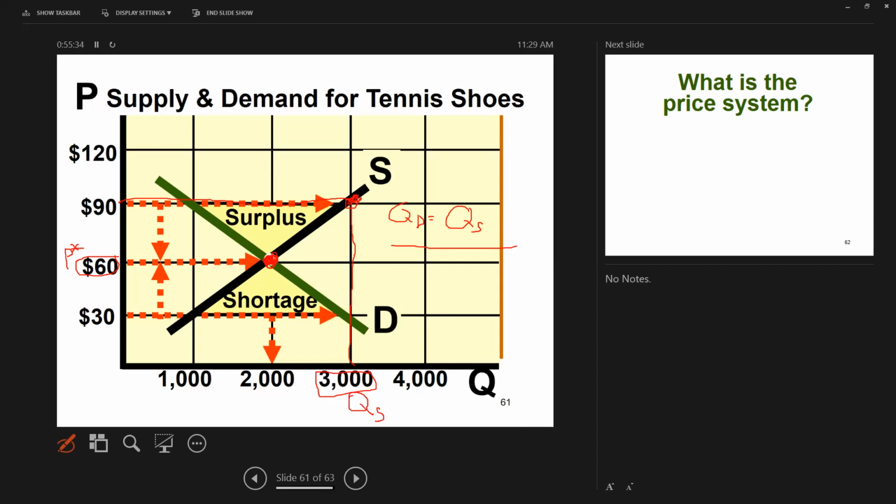But when we trace $90 over to the demand curve here, the green one, we see consumers are only willing and able to purchase 1,000 pairs. No longer is quantity demanded equal to quantity supplied. It's less than the amount that producers are willing and able to supply on the market. It's less than quantity supplied.